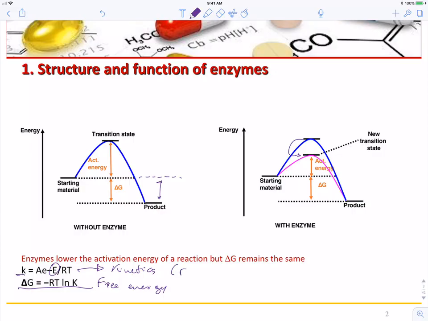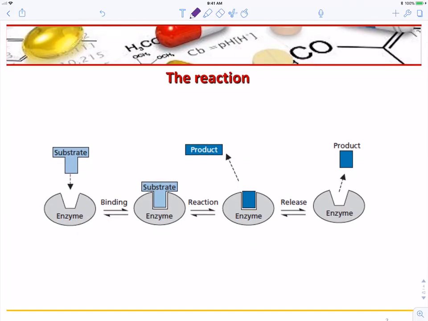In other words, the rate of the reaction. So let's look at the reaction and see how an enzyme accomplishes this task. How does it lower the energy of activation of the reaction?